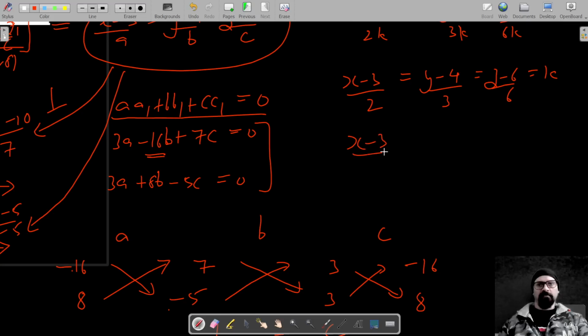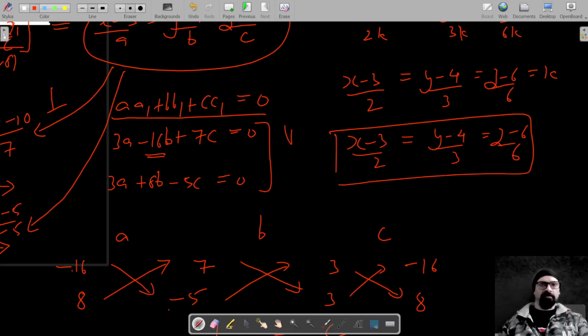Finally, this equation becomes (x minus 3) by 2 is equal to (y minus 4) by 3 is equal to (z minus 6) by 6. This is the required equation of the line.